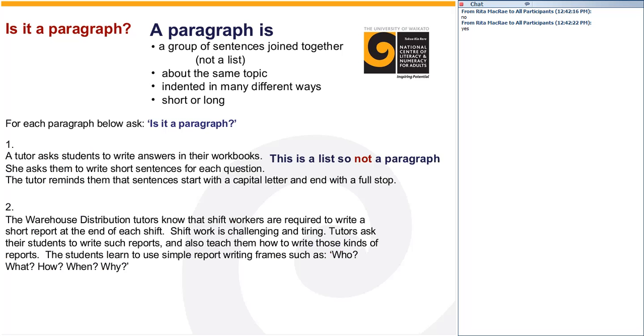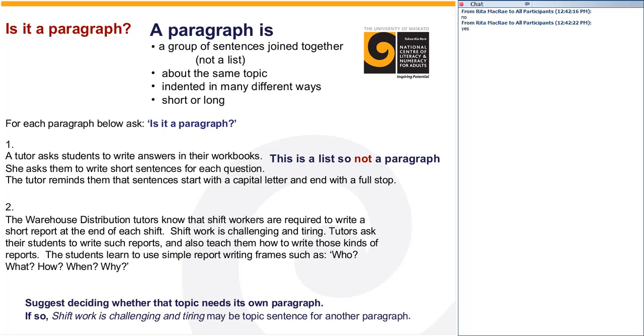What about number 2? Is this a paragraph? Now I'm aware that, for time and reading and reflection, I might be rushing you a wee bit, but bear with me. If you read that, you realize that we suddenly have a different topic in that paragraph: shift work is challenging and tiring. So popping a different topic in there means that it is not a paragraph yet.